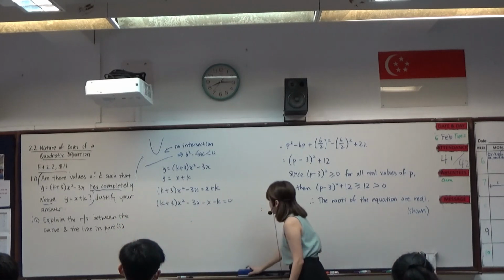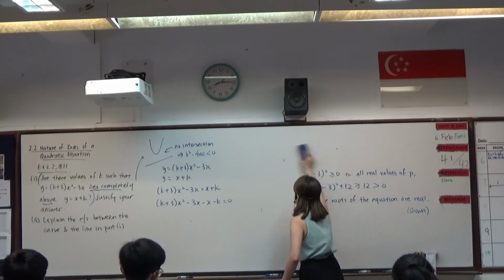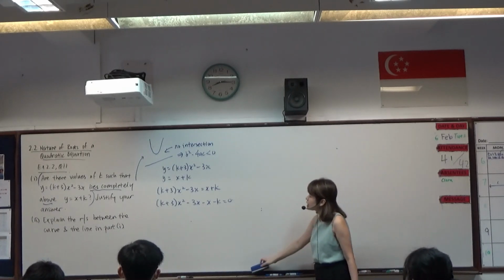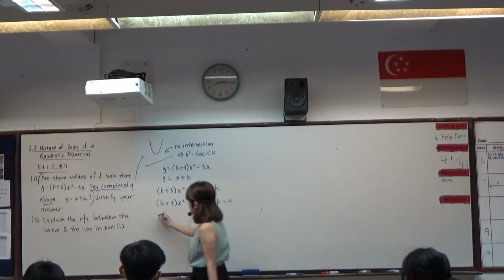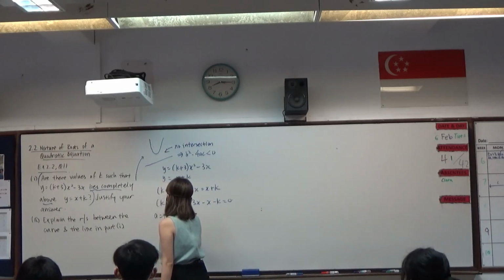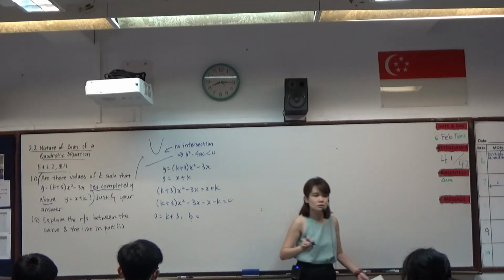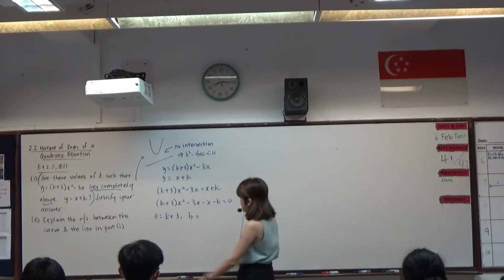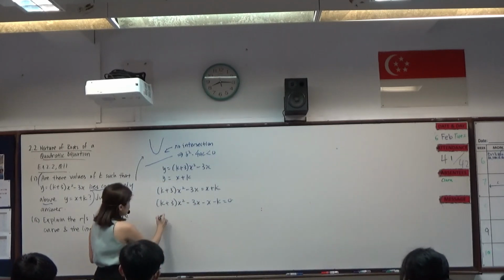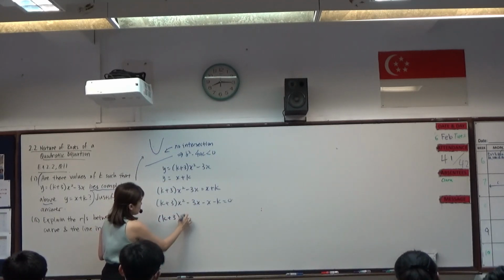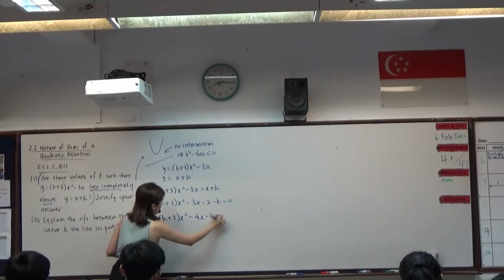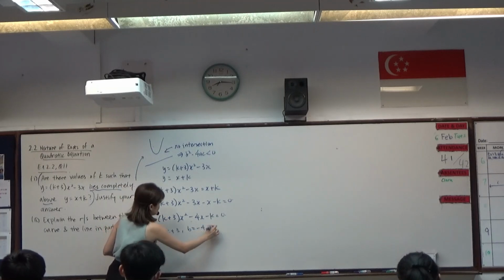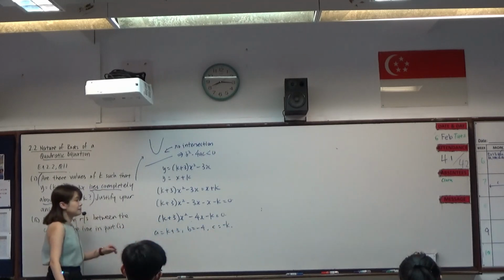And we re-express it into our typical standard quadratic form so that we can recognize our a, b and c. So the a is k plus 3, b is equals to, what is b? Actually, I'm not simplified, right? Negative 4. And c is negative k.